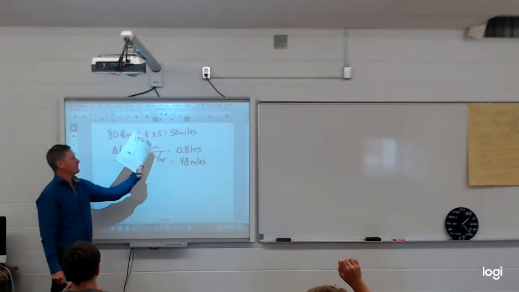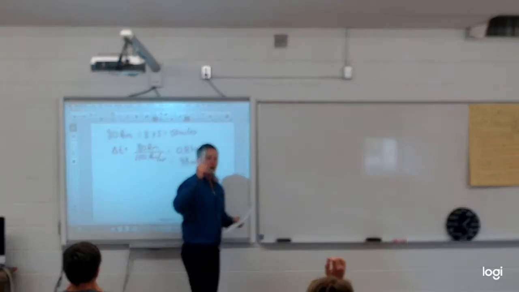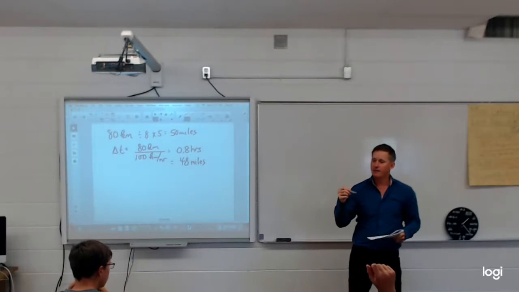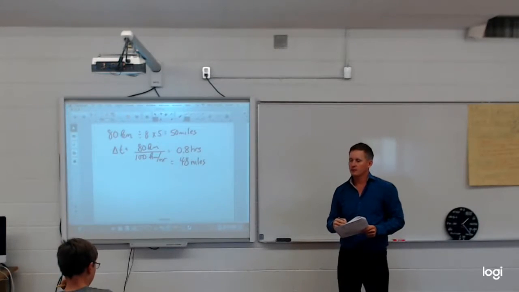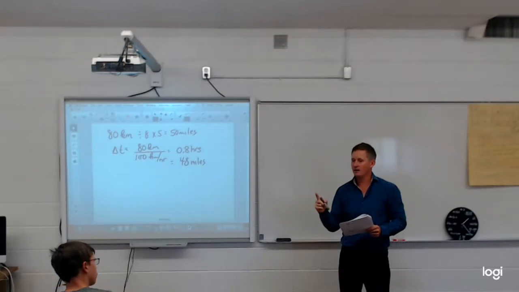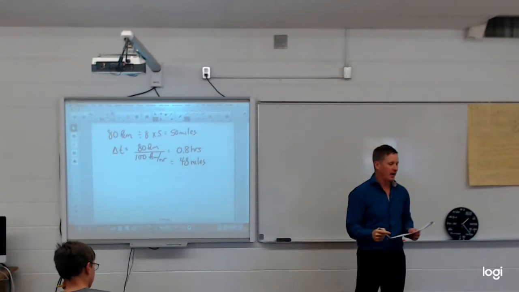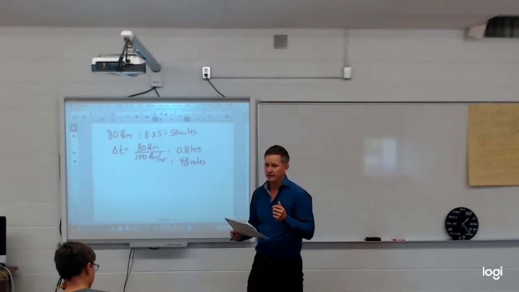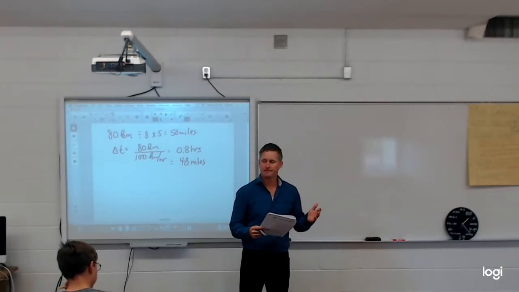That will not only give you the miles, but 100 kilometers an hour is very close to 60 miles an hour. So if you go 60 miles in 1 hour, what else happens in 1 hour? Going 100 kilometers, 100 kilometers and 60 minutes.